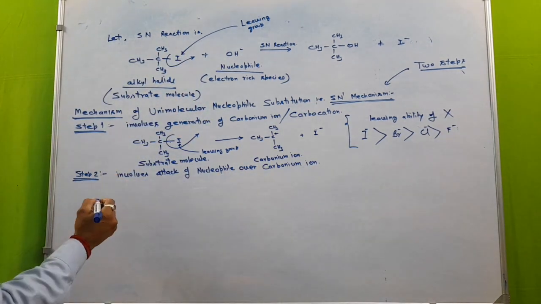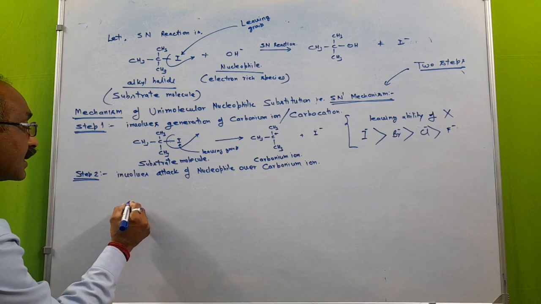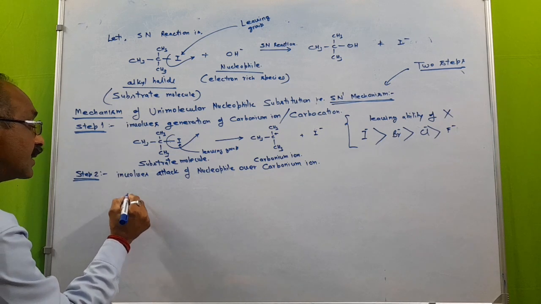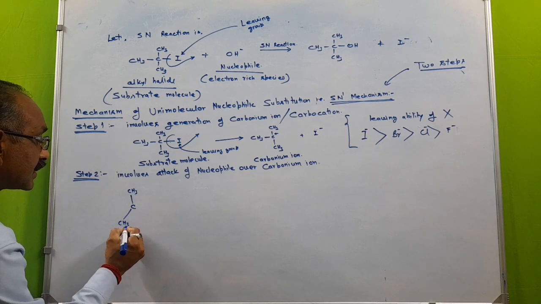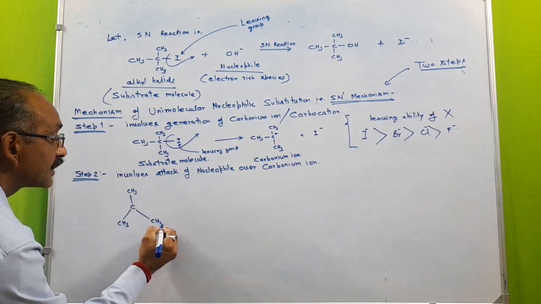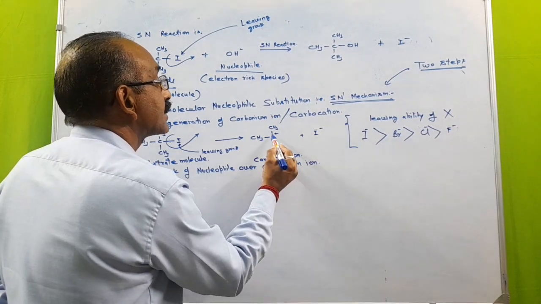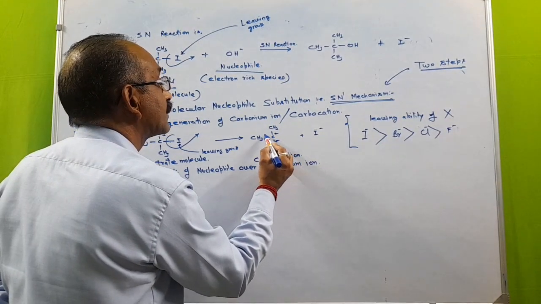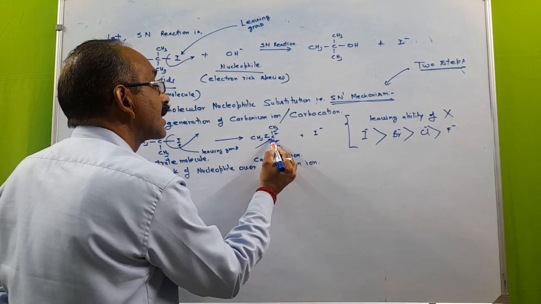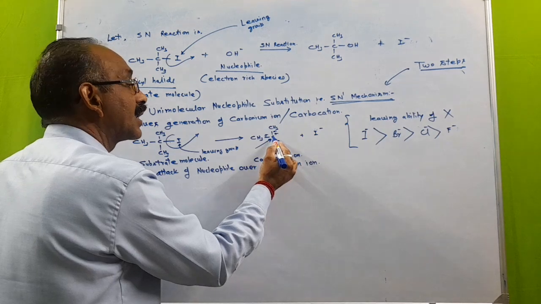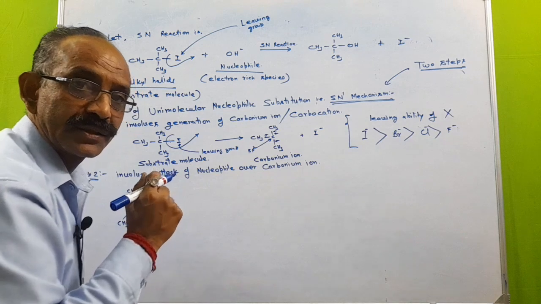Now what happens here? This is carbon, here it is CH3, CH3 and CH3. See, in the carbonyl you will find that this positively charged carbon has formed the 3 sigma bonds. It means in this carbonyl ion, the charged carbon remains sp2 hybridized.